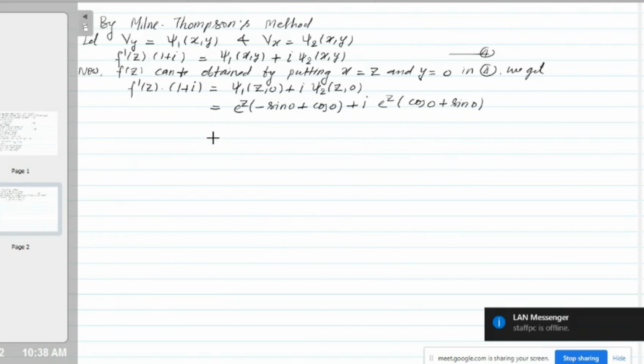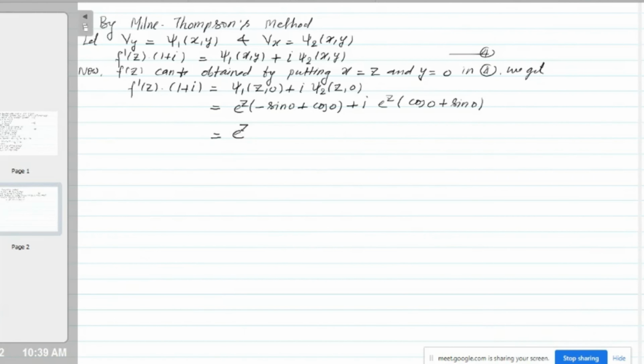Let us simplify first. So this is equal to e raised to z. Here sine 0 is 0, and plus cos 0 is 1. Okay, and plus here we write I times e raised to z, cos 0 is 1 and sine 0 is 0. Let us simplify further.